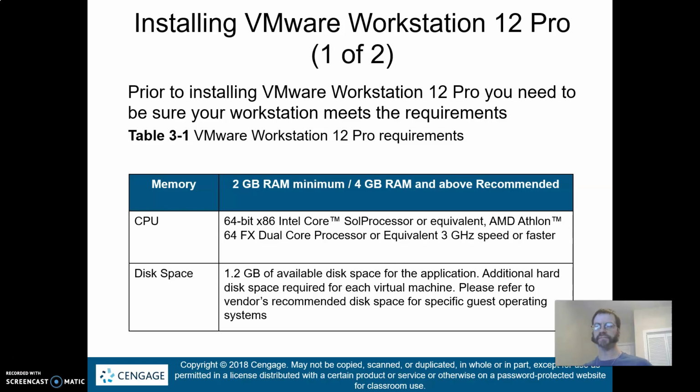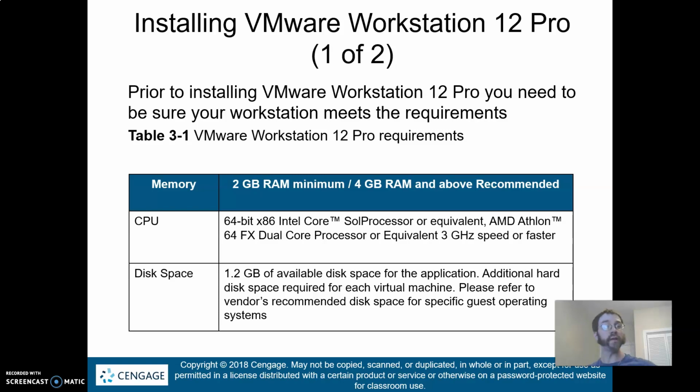Okay. Now, what you see on the screen are the technical minimum and recommended hardware requirements for Workstation 12 Pro. 2 gigs of RAM at a minimum, 4 gigs or better recommended. The best processor you can find, definitely a 64-bit x86 or AMD 64 processor, at least 2.5 to 3 gigs.